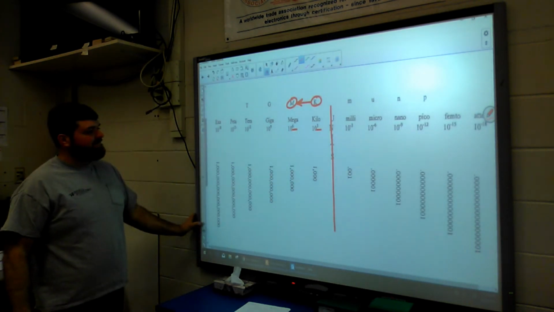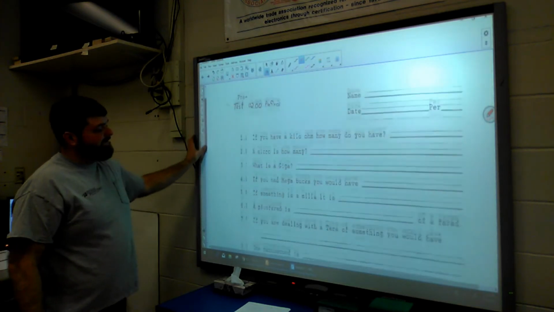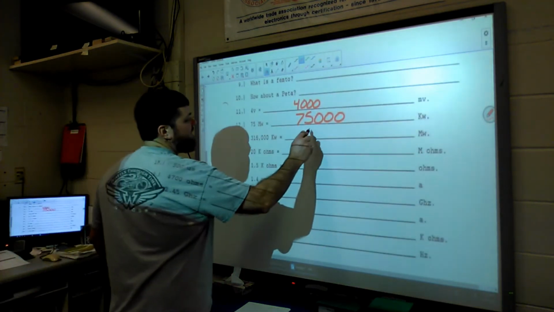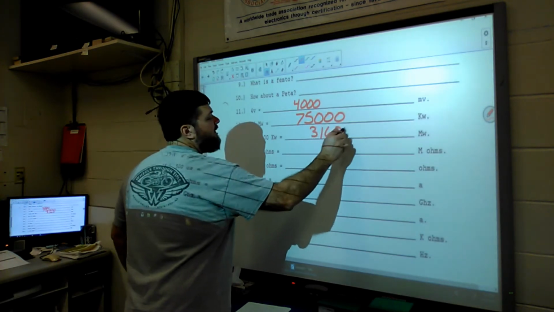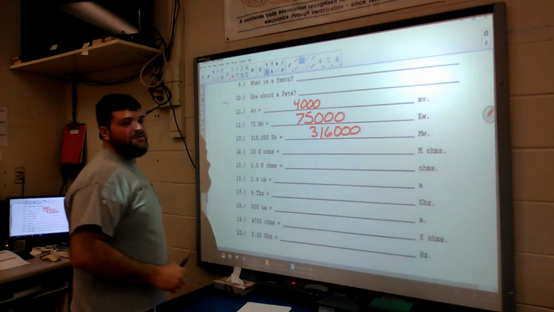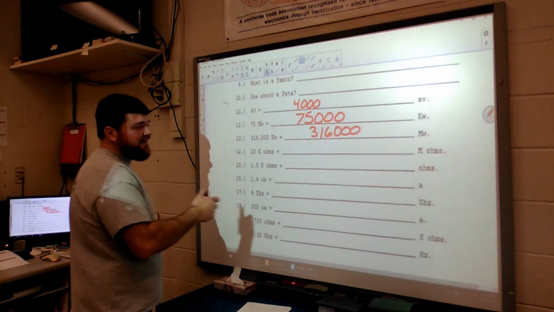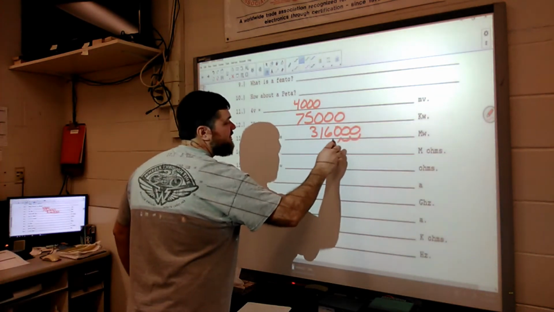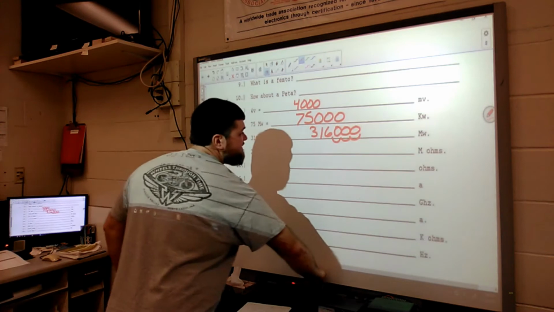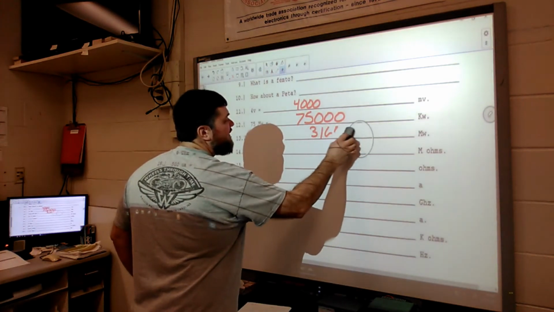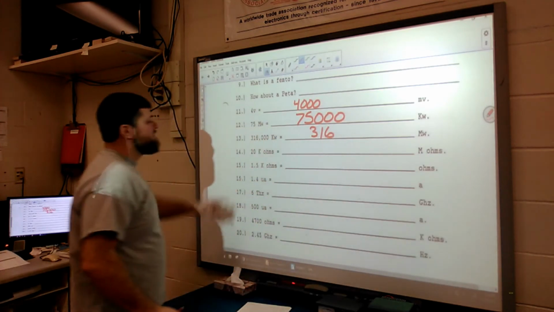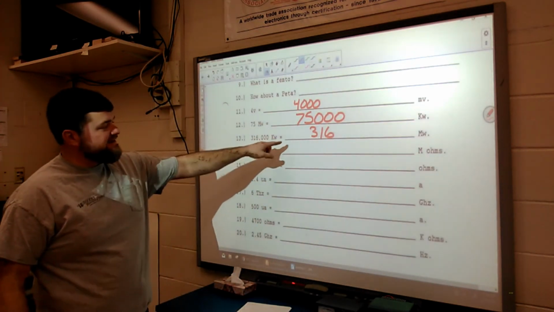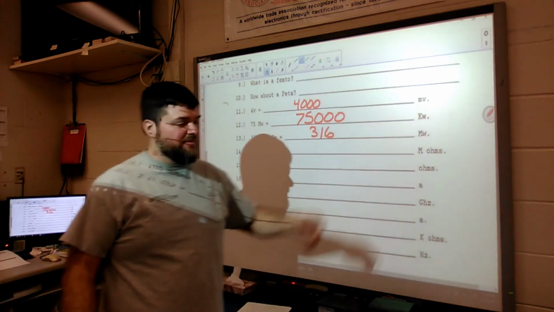Back up. I'm going to put this number down. We need to move it 3 places to the left. So 1, 2, 3 means our answer is 316. So 316,000 kilowatts equals 316 megawatts, same thing.